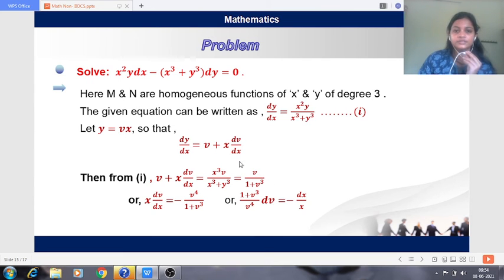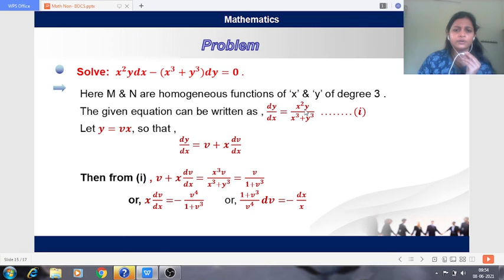Now we put this value of dy/dx in the first equation. From the first equation, by putting the value of dy/dx, we get v plus x dv/dx equals x³ v.